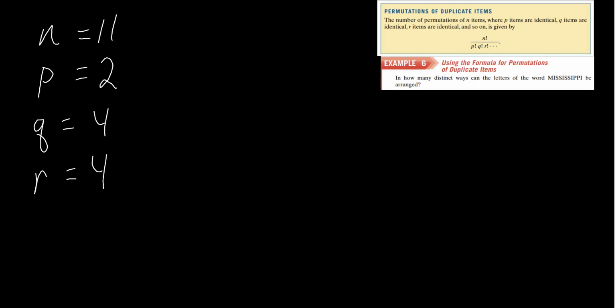That looks like hieroglyphics. Let me see if I can make it a little bit prettier. All right, I don't think I can. So 2 factorial, 4 factorial, and 4 factorial. Alrighty. So I probably shouldn't have done this this way, but it's not a big deal.